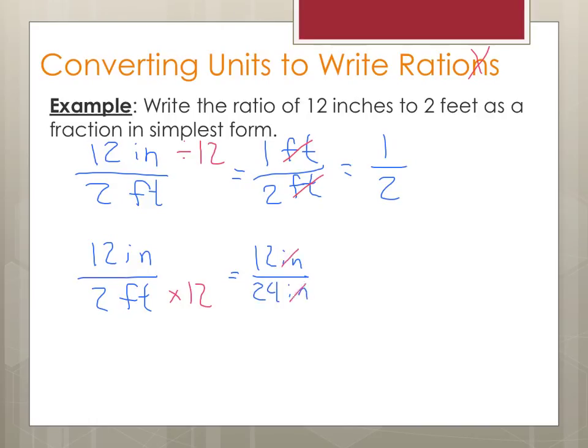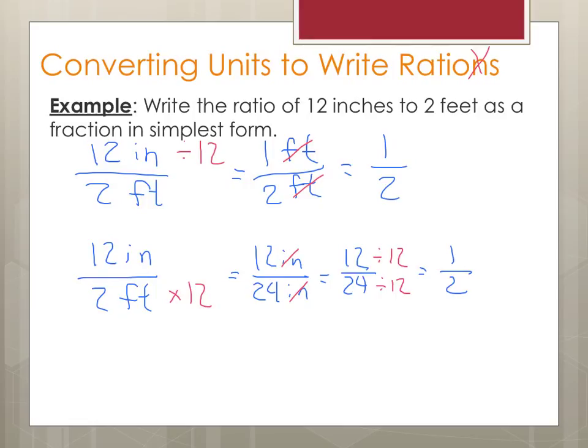My units cancel out, and I'll get the ratio of 12 to 24. And now I have to put this in simplest terms. I'll divide by the common factor of 12, and I'll get the ratio of 1 to 2. Just like I did last time.